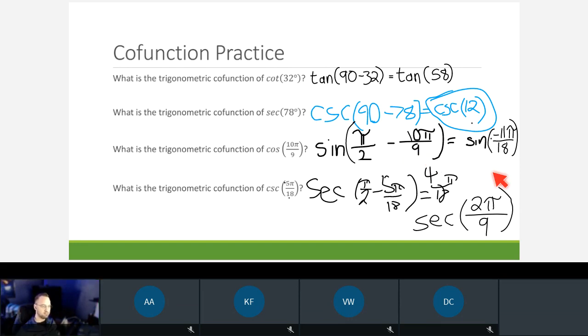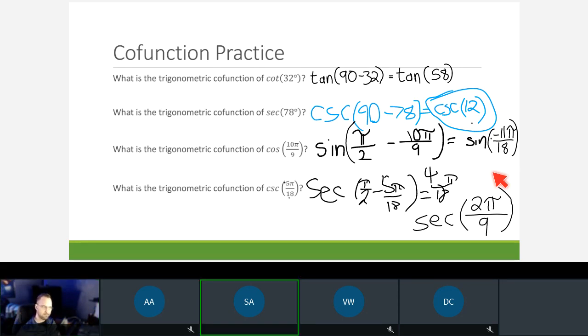Yeah, go ahead. Can you hear me okay? Yep. On my calculator, I have a TI-30XS, and I don't have the cot, sec, or csc option. Nobody probably does unless you have a TI-Inspire or an 84.